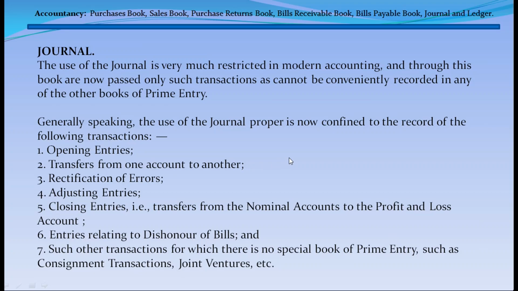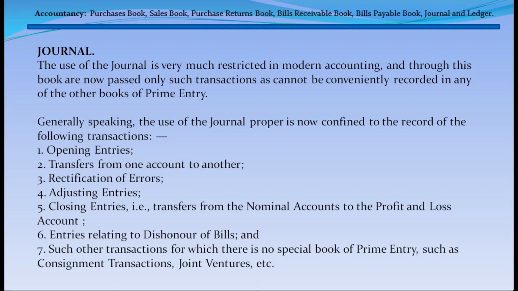Journal. The use of the journal is very much restricted in modern accounting, and through this book are now passed only such transactions as cannot be conveniently recorded in any of the other books of prime entry. Generally speaking, the use of journal proper is now confined to the record of the following transactions.